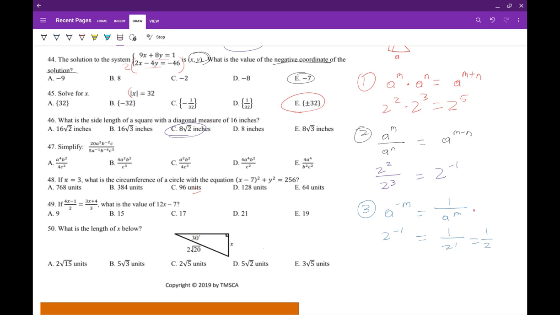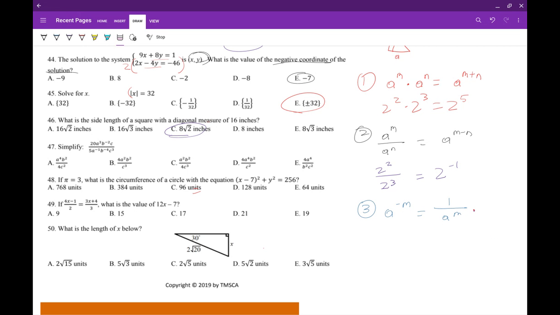But let's say you had 1 over 2 to the power of negative 1. What would happen then? You still do the same thing. So it's 1 over 2 to the power of 1. When you're dividing by a fraction, it's the same as multiplying by the denominator. So it would just be equal to 2 to the power of 1. You're pretty much flipping it when you have a negative.